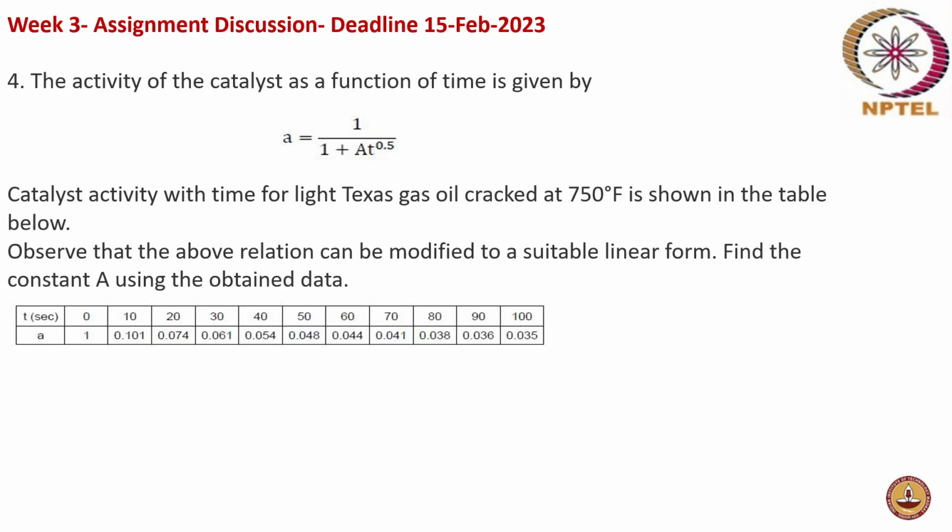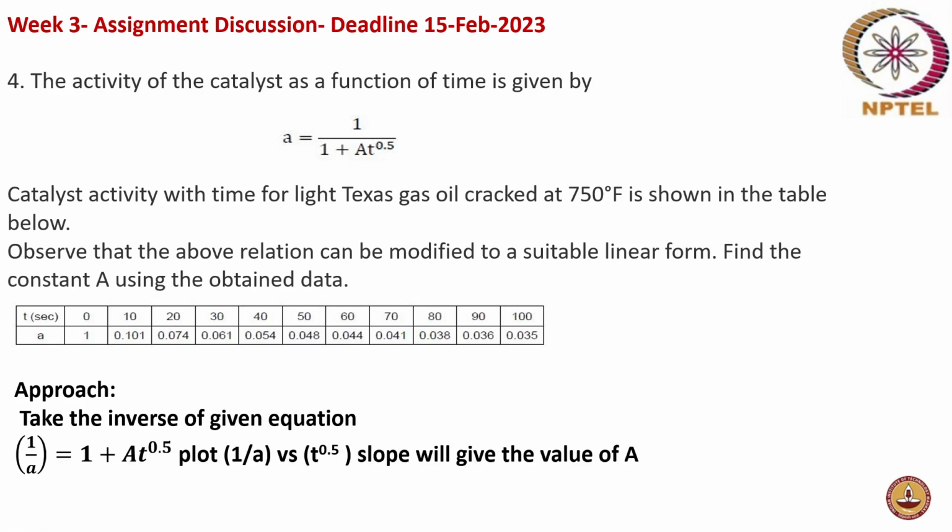Okay. So actually the approach is, you have to take the inverse of the given equation. When you take the inverse, the expression will become 1 by A is equal to 1 plus a into t power 0.5, right? Now it is in a linear form, y is equal to a plus bx, of that form.